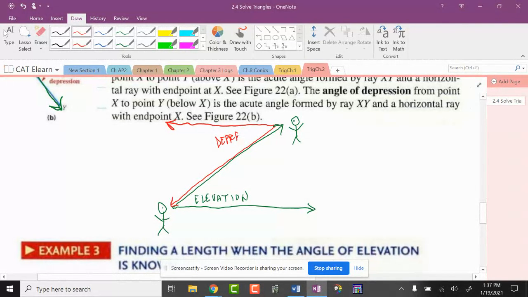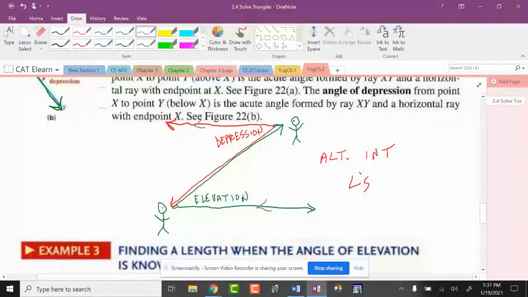And then what I've said, and it's not the first time, an angle of elevation looking up is equal to the angle of depression of someone looking down to you, because these are alternate interior angles with the sides, of course, being parallel, right? This side is definitely parallel to that because they're both horizontal.